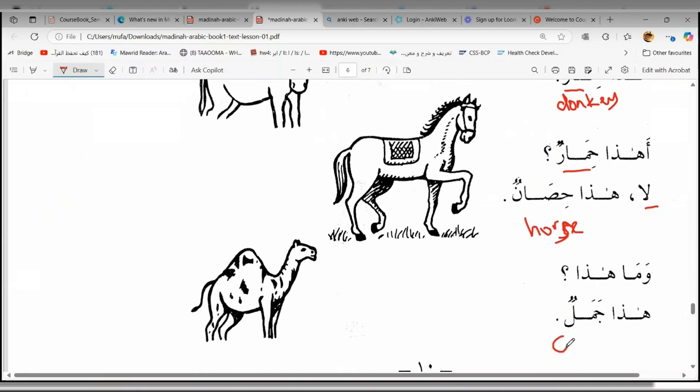This is a camel. This is just additional vocabulary. In terms of structure, we're not adding anything new to what we already learned.